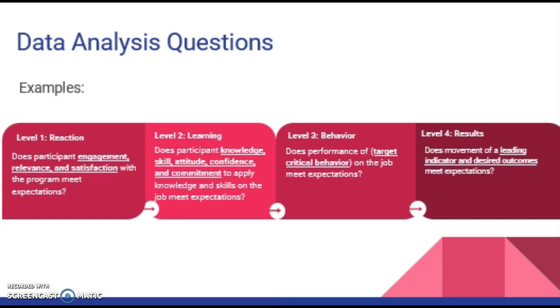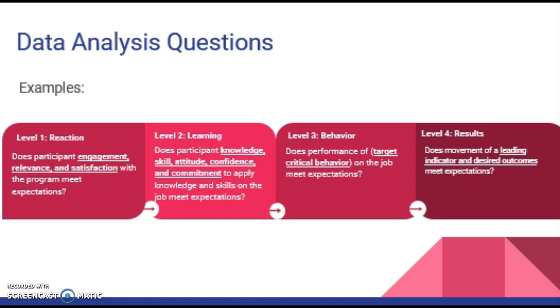Level 2 is learning. Some sample questions you might come across would be, does the participant knowledge either obtained or demonstrated during the training program meet the expectations? Or are they basically showing what they know, what we expect them to know? Also, are they presenting skills that they've gained during the program? Does that meet expectations?